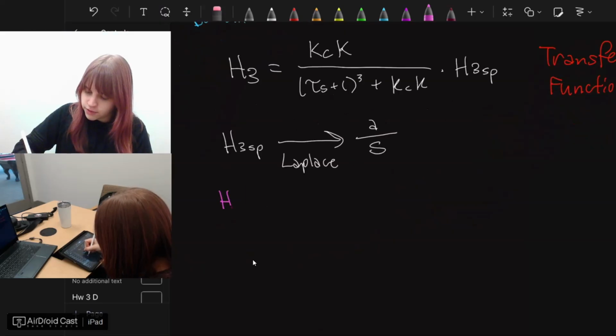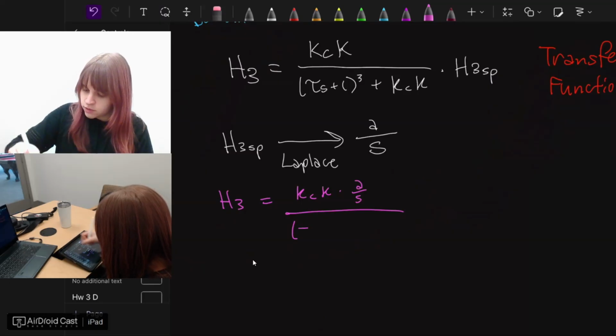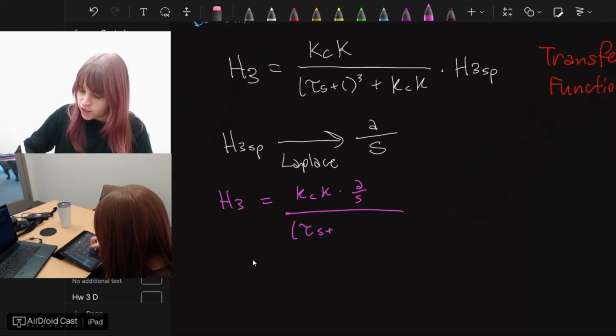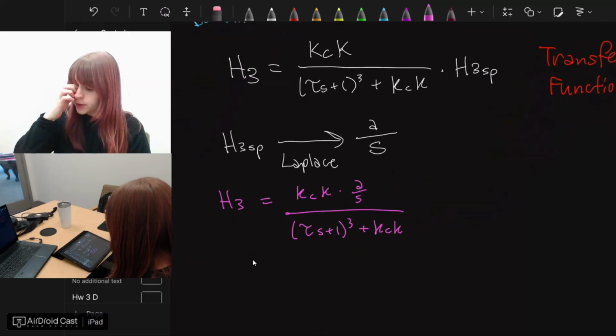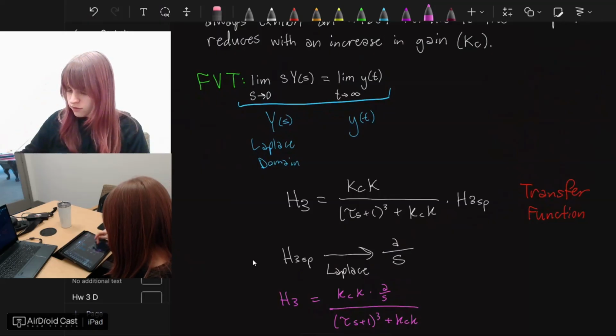So we can rewrite that as a over s, and I'm just going to put it in the numerator. Same denominator, no change there. And now what we want to do is take the limit of that as s approaches 0.